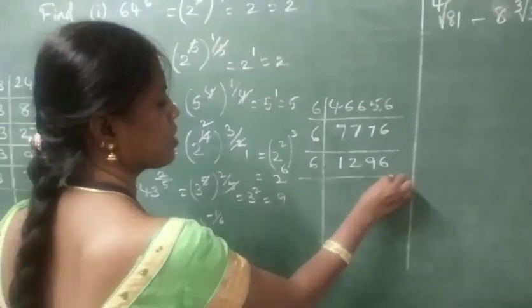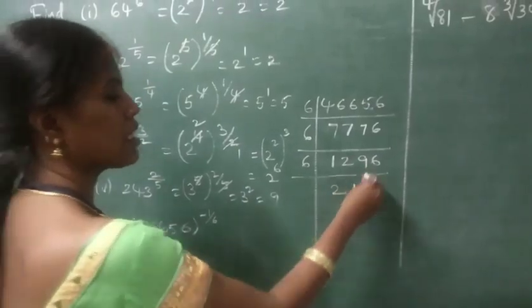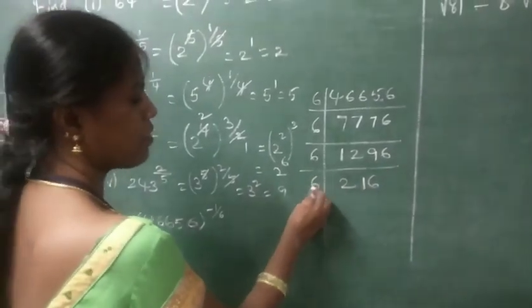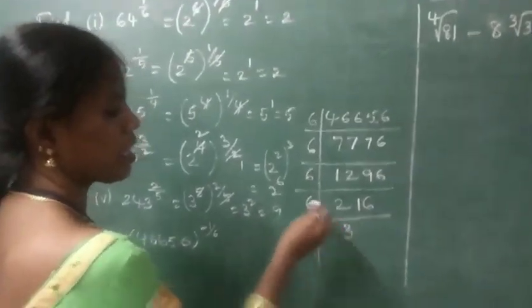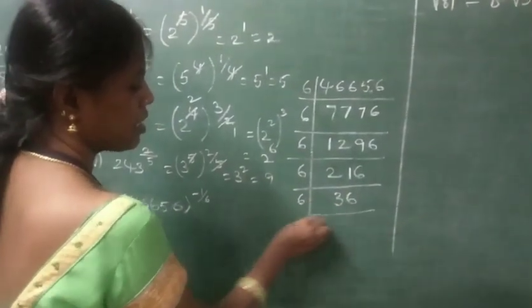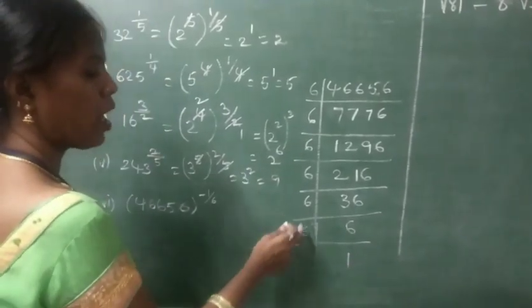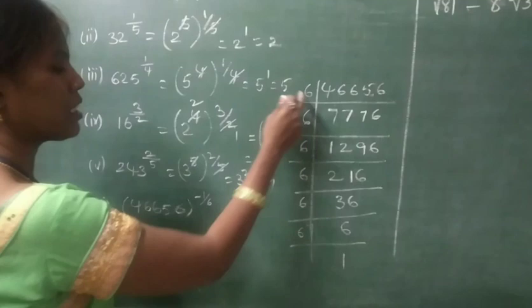Again with 6, 6 twos are 12, 6 ones are 6, 6 sixes are 36. Again with 6, 6 threes are 18, 6 sixes are 36. Again with 6, 6 sixes are 36. Again with 6, 6 ones are 6. So that is 1, 2, 3, 4, 5, 6.